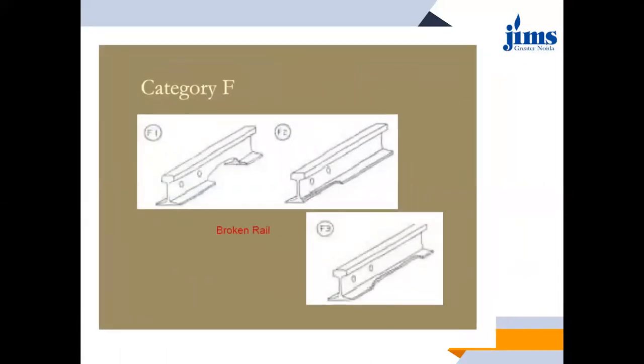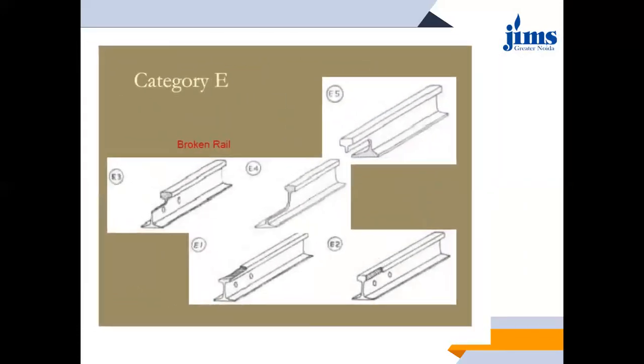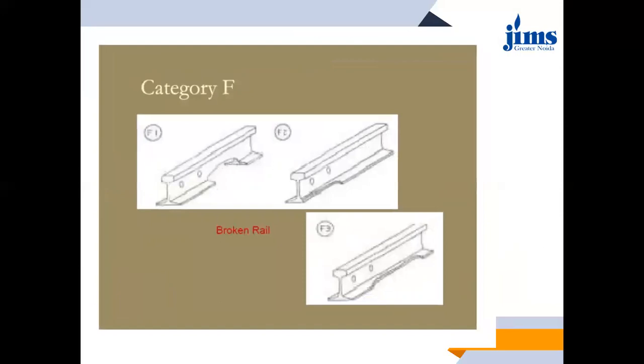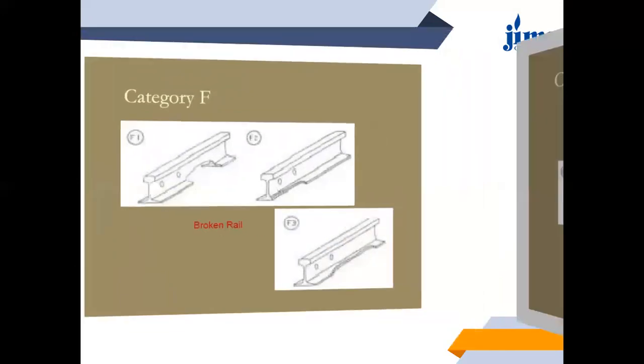The next is F category failures. This F category failure is again a broken rail, but the difference between E and F category is the amount of rail which is broken. It can be clearly seen as compared to the E category failure. F category failure denotes a broken rail again, but the portion of the rail which has broken is too large.